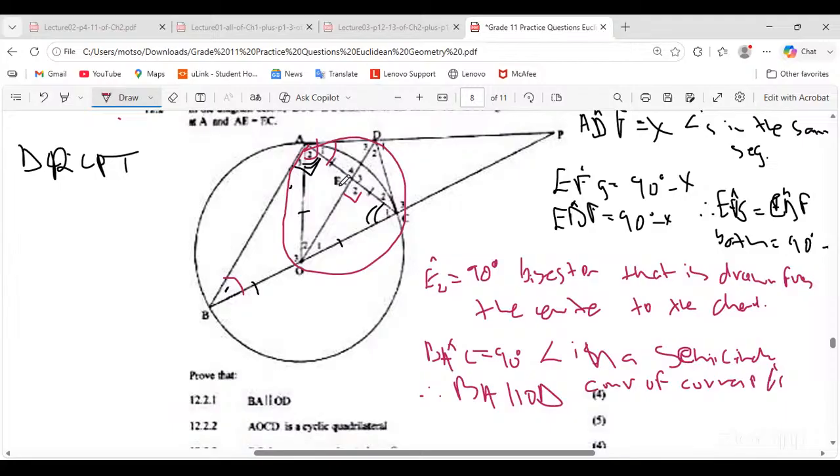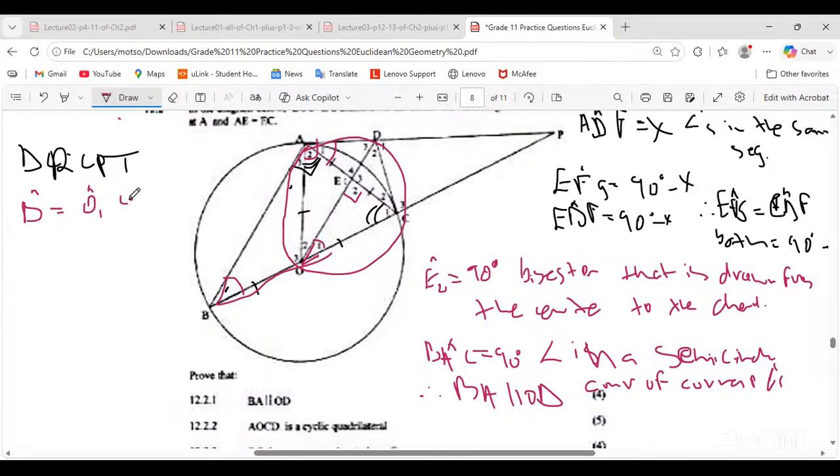Okay, now what can we do? These lines are parallel. If these lines are parallel, this angle is equal to this angle. Oh, lovely. Now, you can just say angle B is equal to angle O1. This and this form my F here.